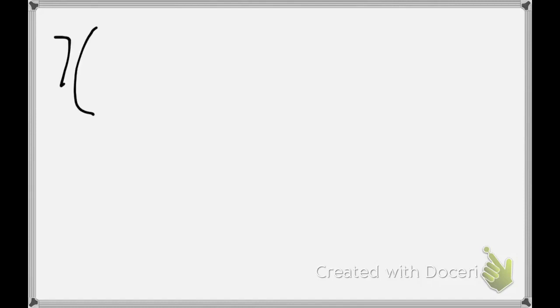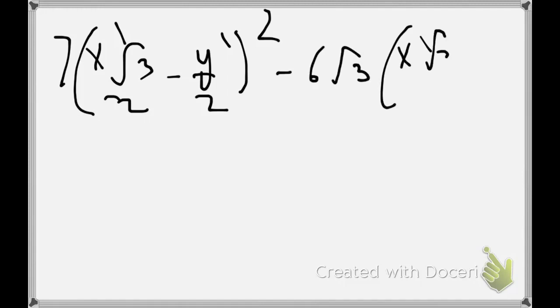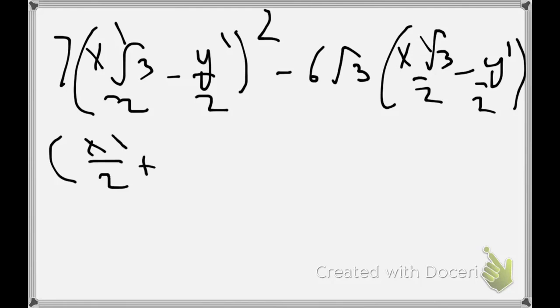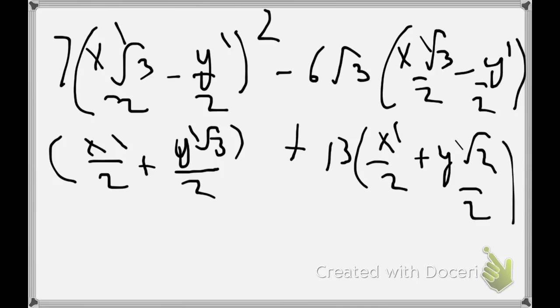So 7 times x prime root 3 over 2 minus y prime over 2, squared, minus 6 root 3 times x prime root 3 over 2 minus y prime over 2, times x prime over 2 plus y prime root 3 over 2, plus 13 times x prime over 2 plus y prime root 3 over 2, squared. So basically, the equations we got for x and y with the x prime and y prime, we just plugged into the regular equation, and now this is all equal to 16.